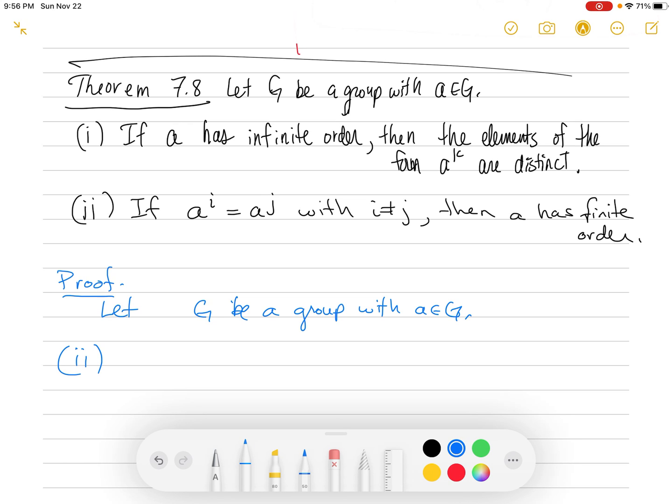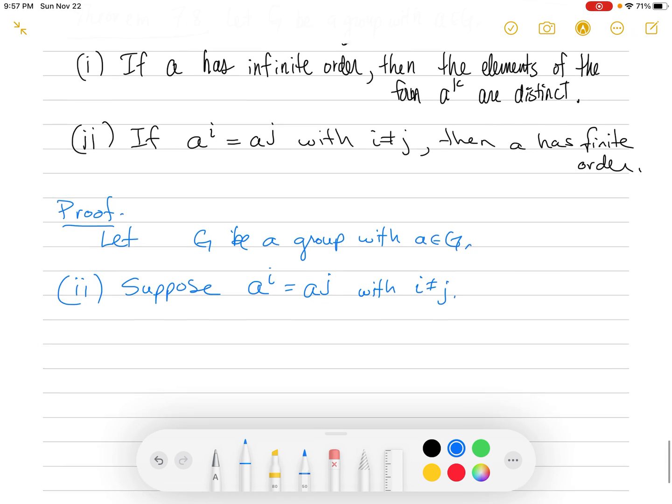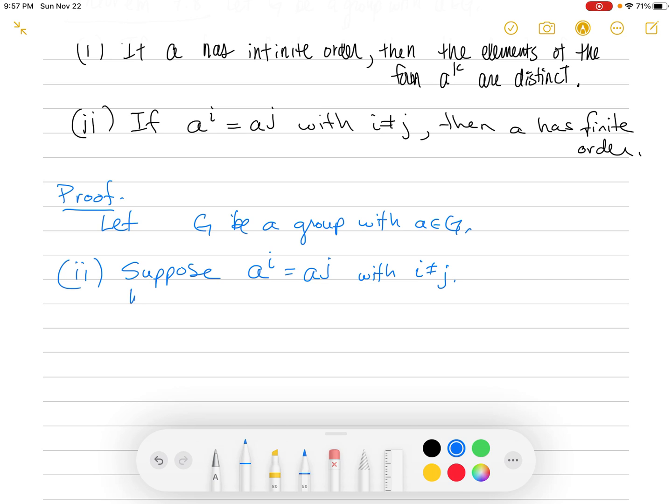To prove 2, we're going to suppose that a to some power i equals a to some power j, with i and j positive integers, and i is not equal to j. Without loss of generality, let's just assume that i is bigger than j.